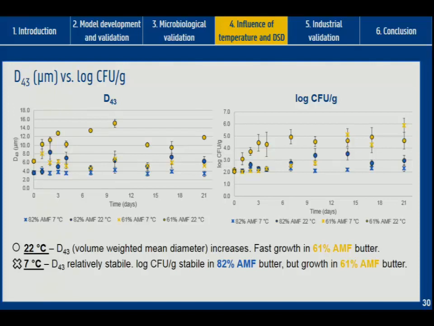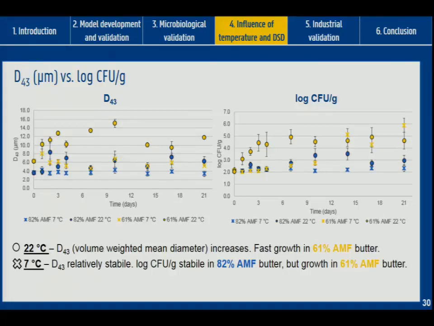3/4, yeah, exactly. So, what we can see on the left graph at 22 degrees is that the D43, the mean diameter, increases during time. And this is most pronounced at 61, so at 3/4 fat butter at 22 degrees, at high temperature. Also, we see on the right side that fast growth occurred in 61% butter.